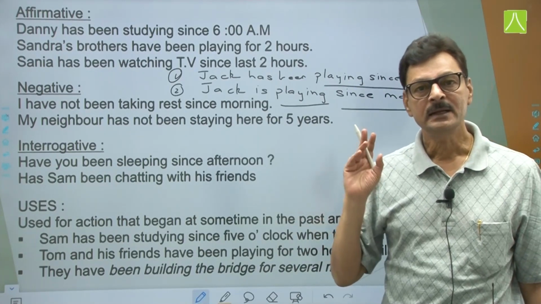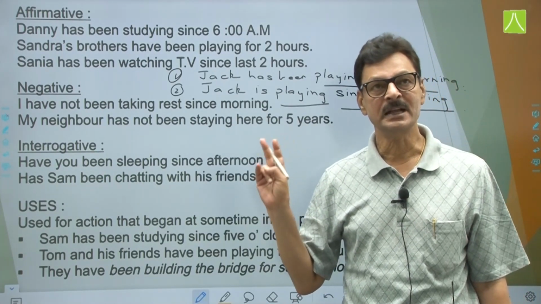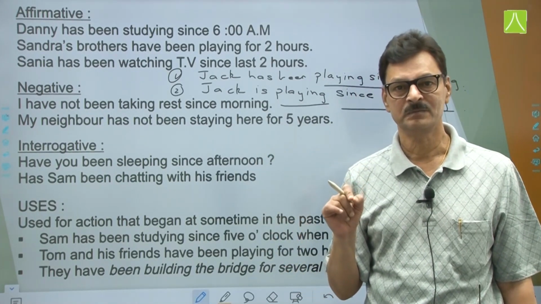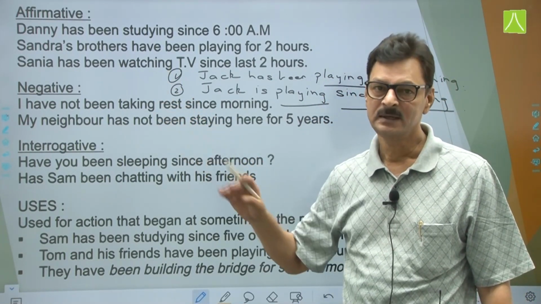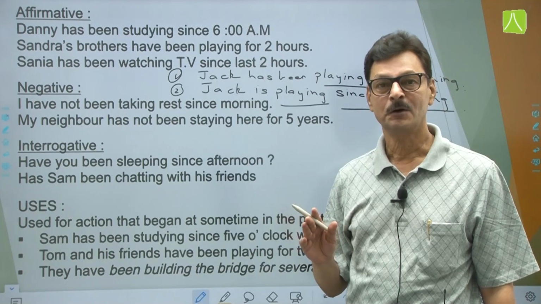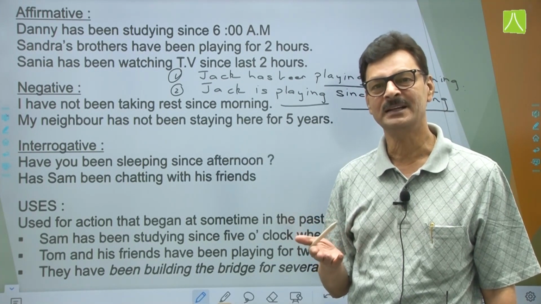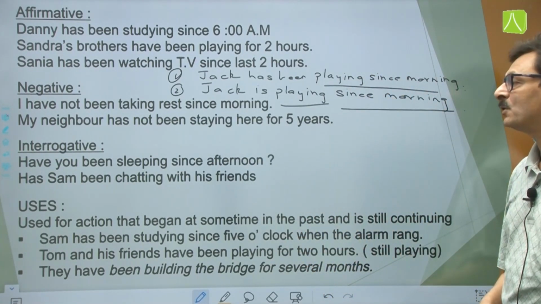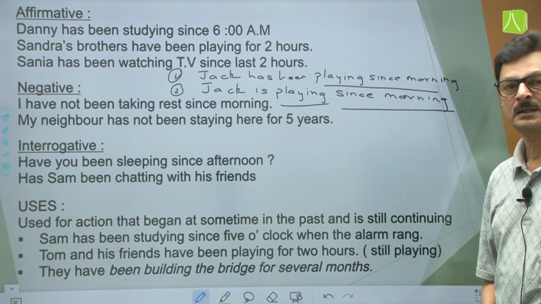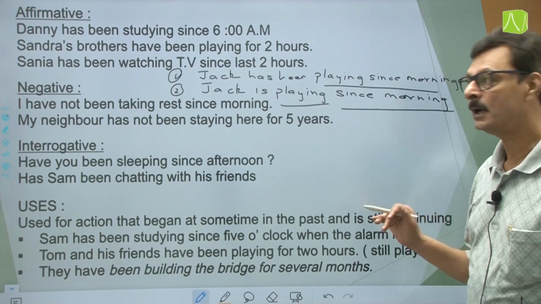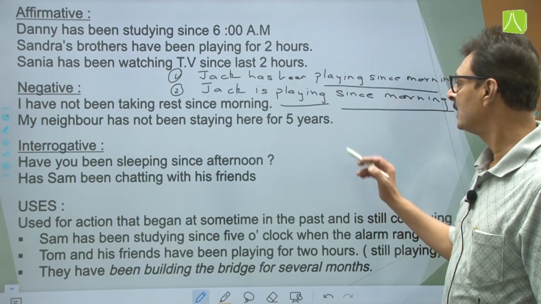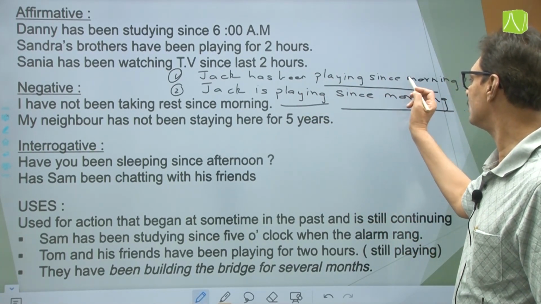Friends, tell me, read the sentences carefully and tell me which of them is correct. Is sentence 1 correct? Is sentence number 2 correct? Both of them are correct or both of them are incorrect. देखो ध्यान से, पढ़ो and tell me which one of them is or are correct. Jack has been playing since morning.